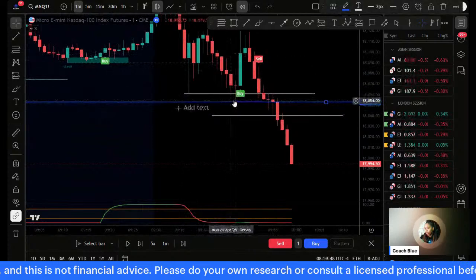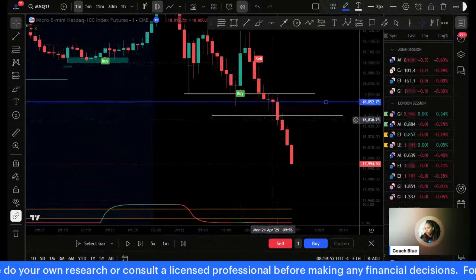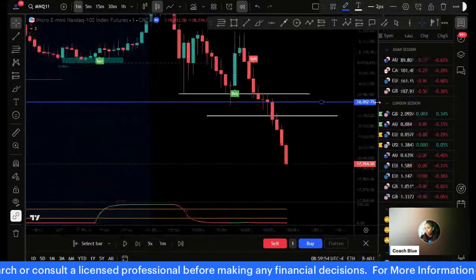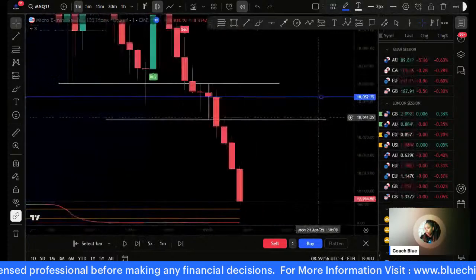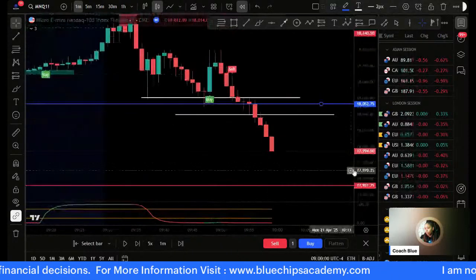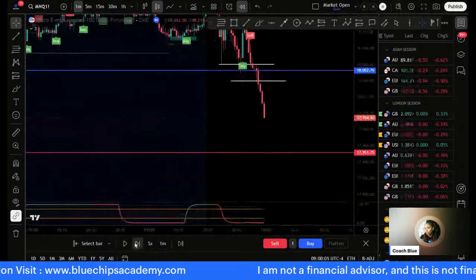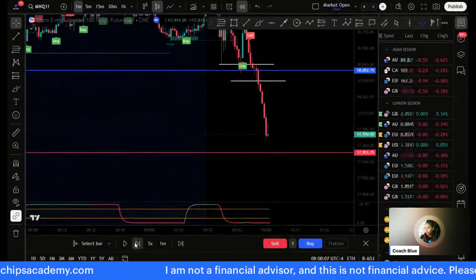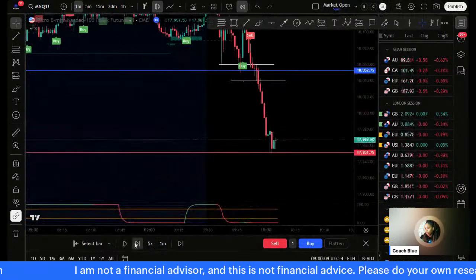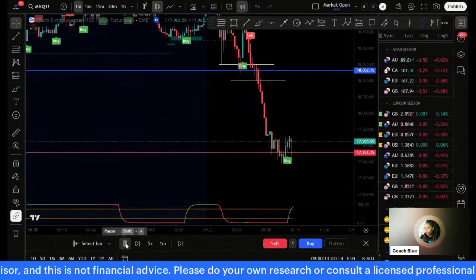It was a fake little breakout, pullback, and then our continuation was validated right here when this candle broke out. So we entered there and then we took it down to our target. Okay, so I believe this was TP1 hit and TP2 hit. So that's how we broke down that trade yesterday.